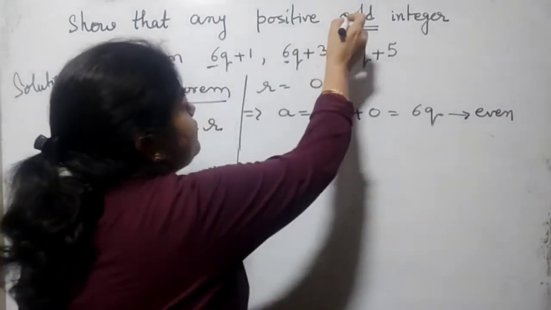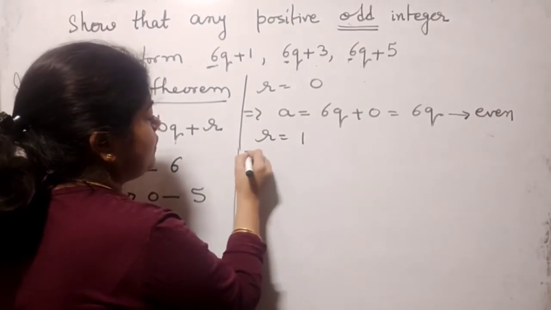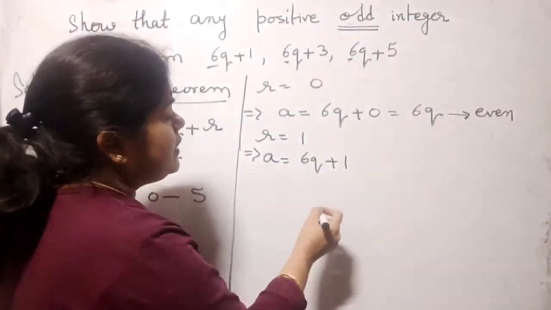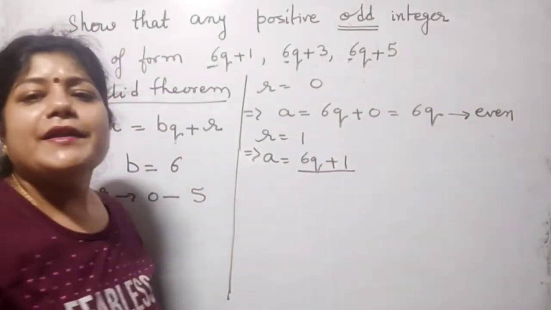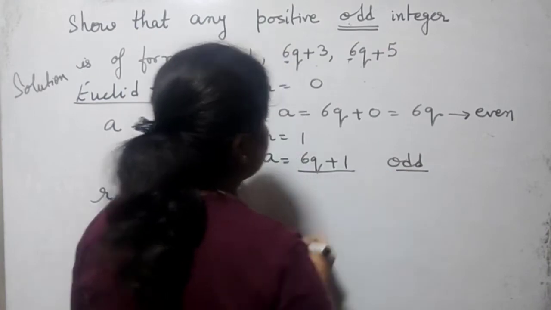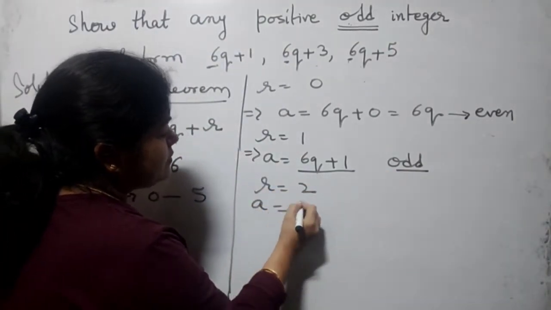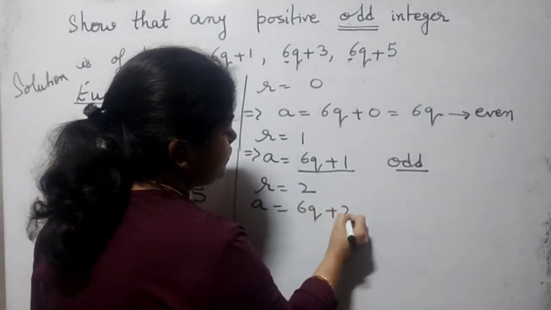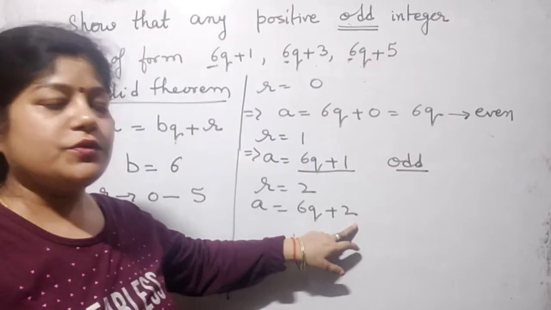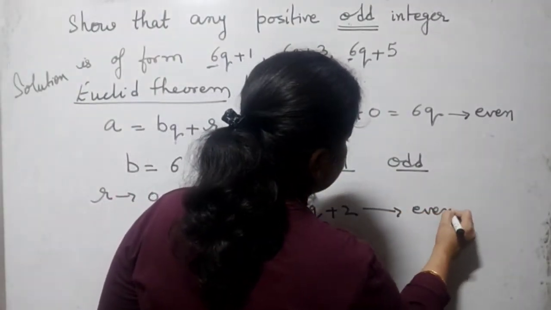We have to check for odd numbers. Now R is equal to 1, then the value of A is 6q plus 1. As it is not divisible by 2, it is an odd number. Now R is equal to 2. The value of A becomes 6q plus 2. Now we can easily see it is divisible by 2: 2 3s are 6, 2 1s are 2. So these are divisible by 2, so again it is an even number.